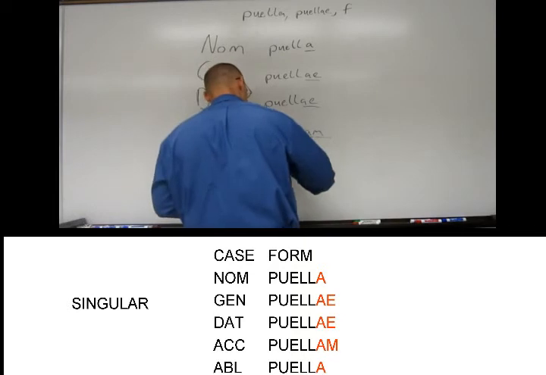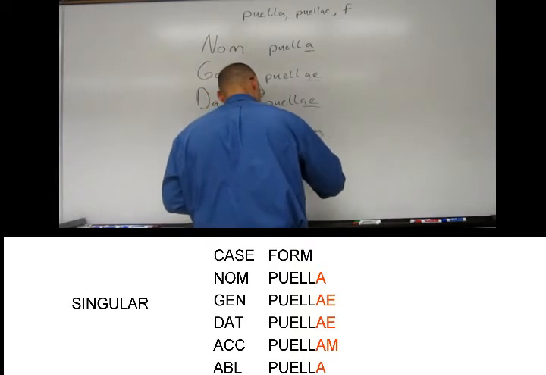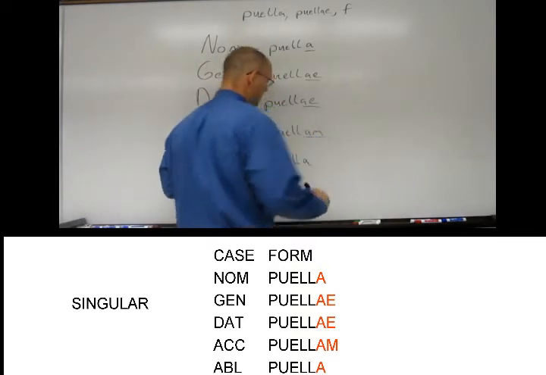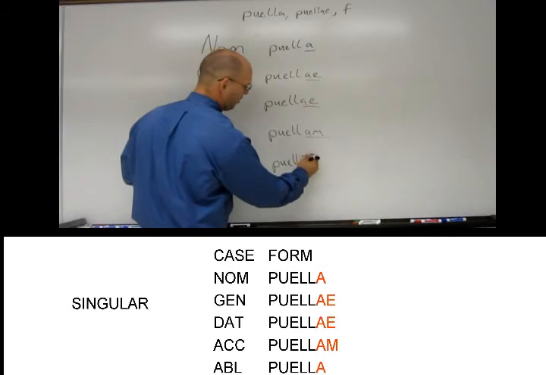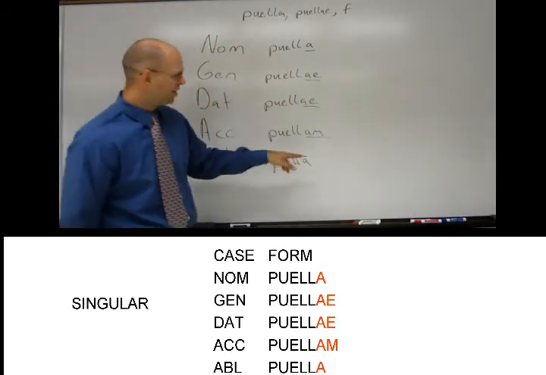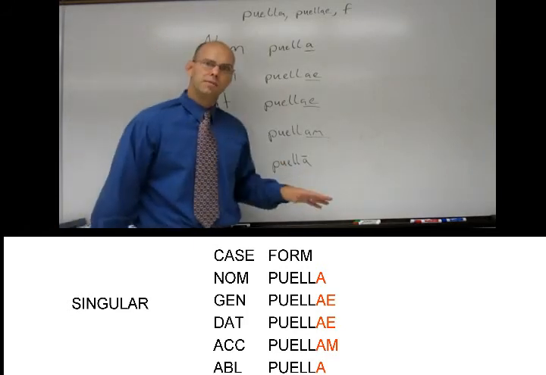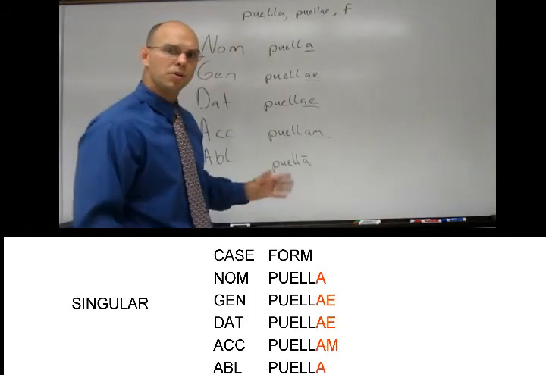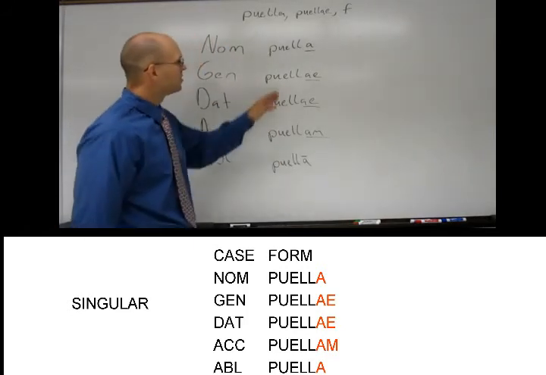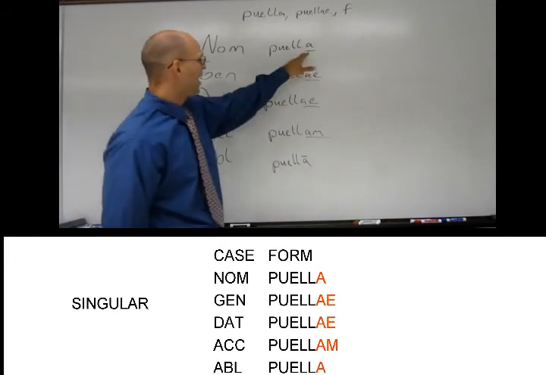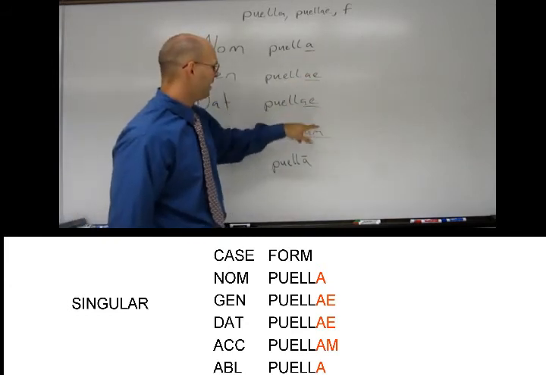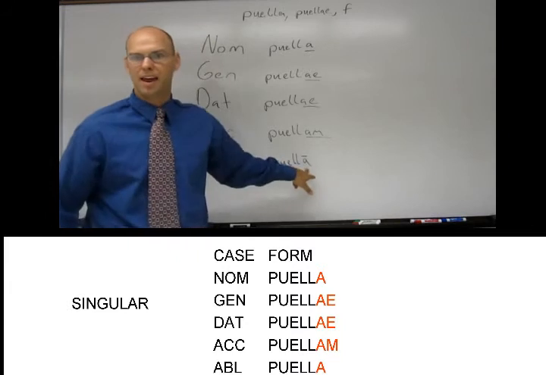And then puella. This A in the ablative has a macron over it, which is this long mark. I particularly don't care if you use it or not, but sometimes it helps if you can recognize it when you're going through your translation. And so for the singular, it's going to be A, AE, AE, AM, and then A.